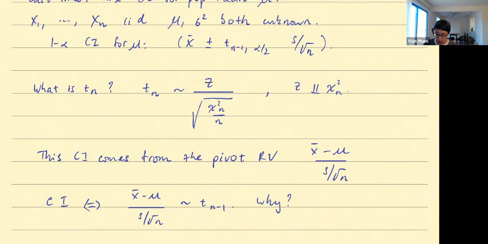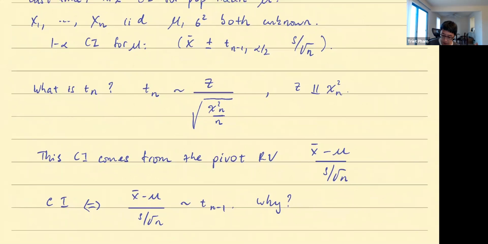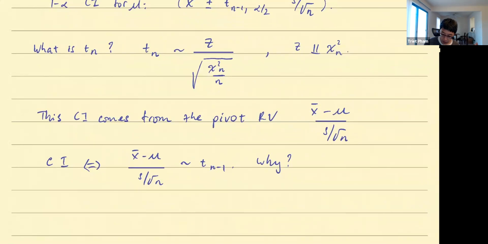I pointed out that it's not immediate from a superficial glance at the structure. If you just look at the n here and the n here, you might think it should be Tn. But that's superficial, because x bar minus mu does not have a standard normal distribution either. The right way to see the connection is via a cancellation that's hidden away from us.